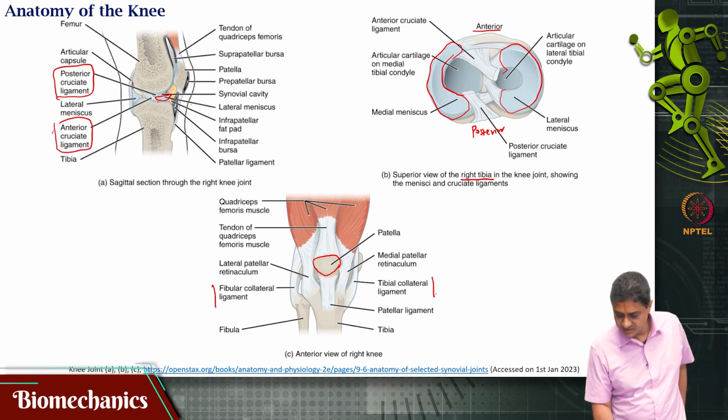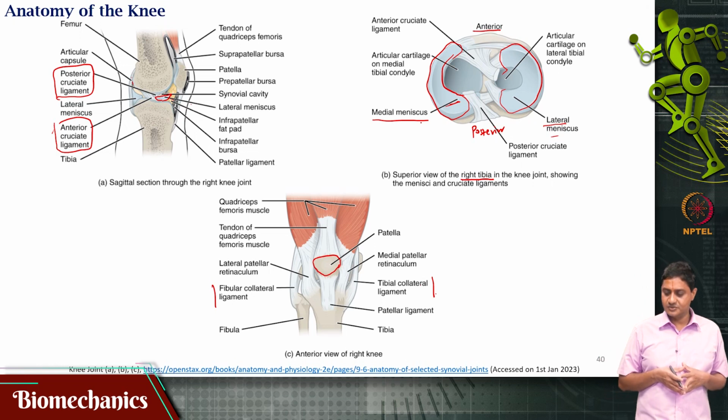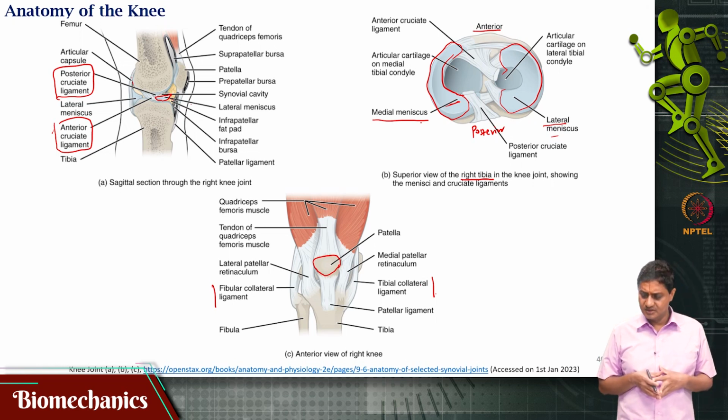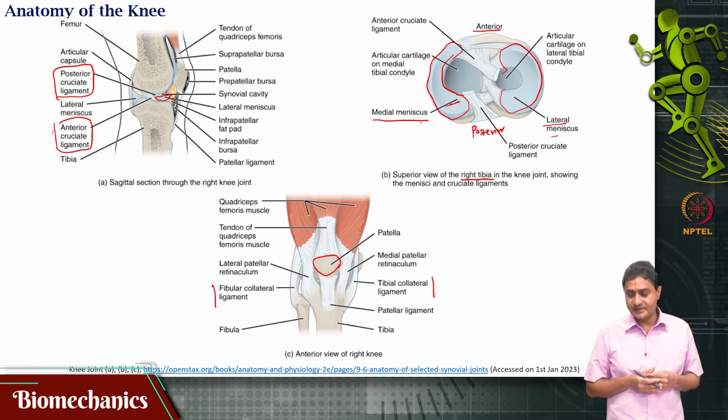Here you see some part of the lateral meniscus, and in this part you see the medial meniscus, responsible for providing the padding between the two interacting bones.